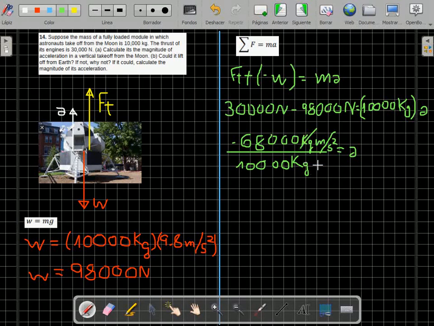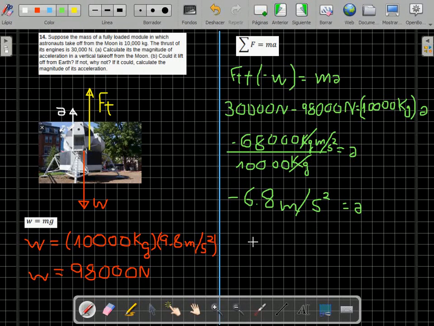We can cancel both kilograms, and the result of that division will be minus 6.8 meters per squared seconds equals the acceleration.